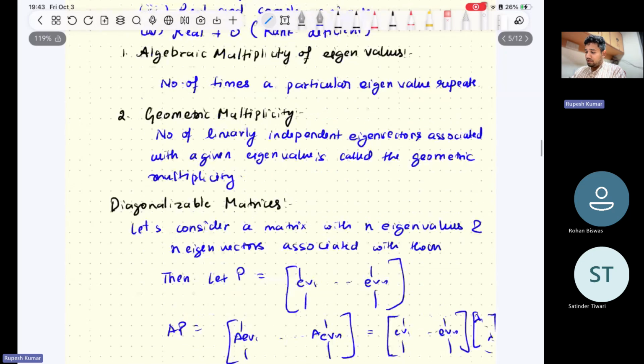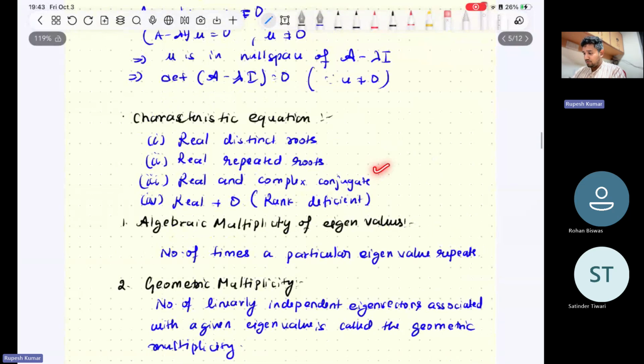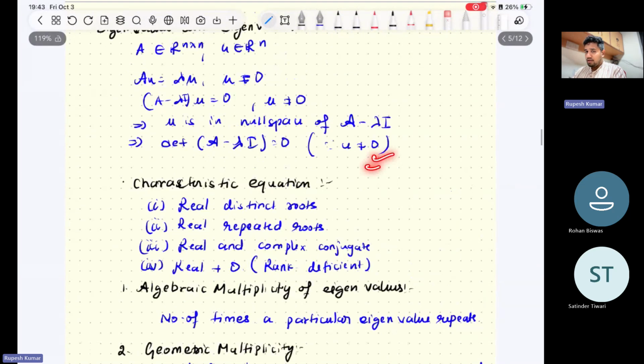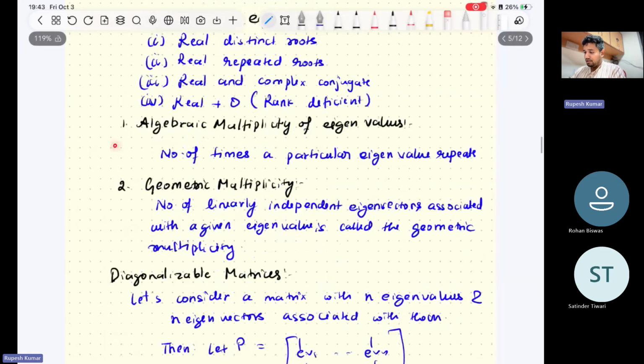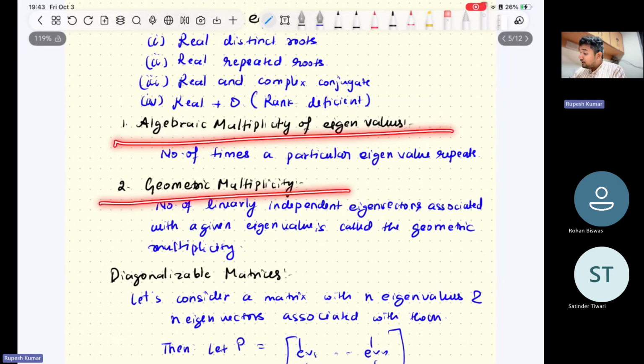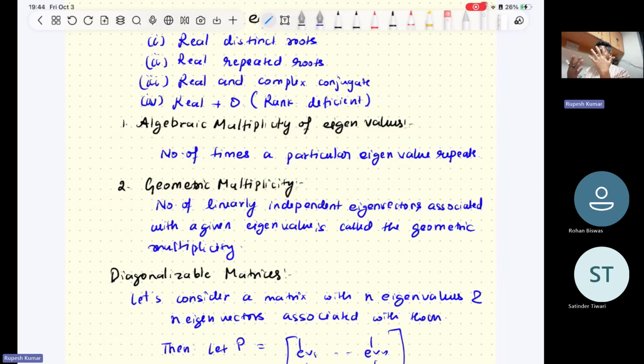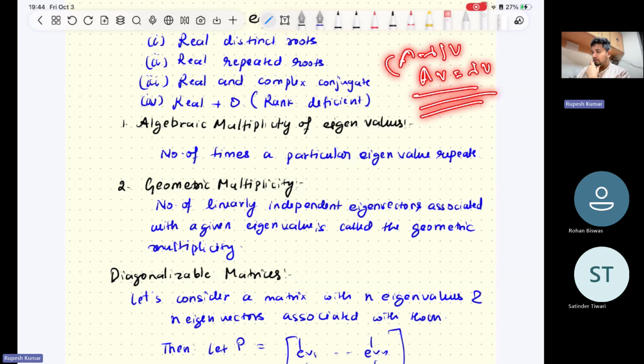We know that we can have multiple same roots for the characteristic equation, and from that we can define the algebraic multiplicity. Each eigenvalue essentially spans a space. Let's say you have some lambda, then AV equals lambda V, so (A minus lambda I) V equals 0.